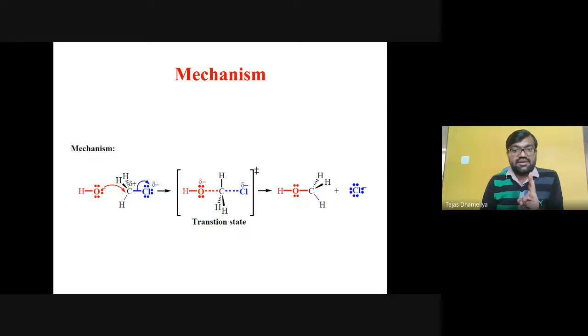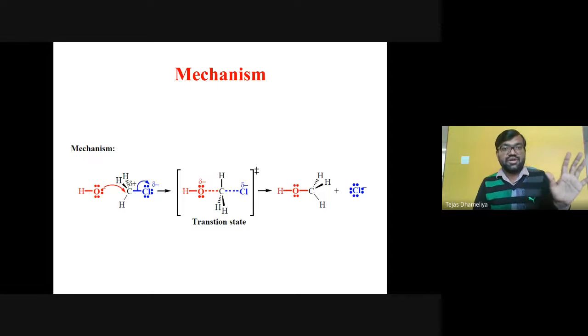Transition states are totally imaginary, hypothetical states where bond formation and bond breakdown can be possible, where bonds which undergo breakdown and bonds which are being formed are shown with the help of dotted lines.